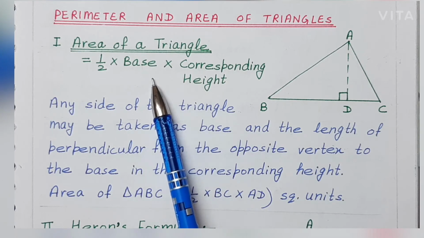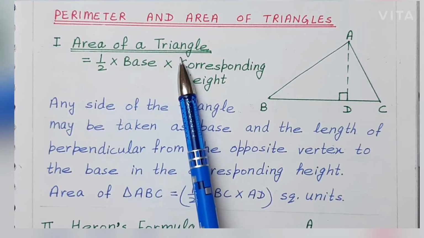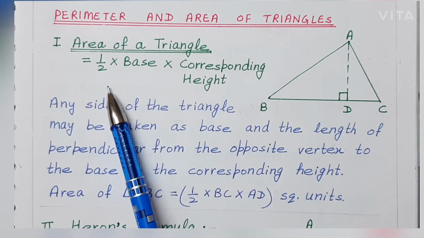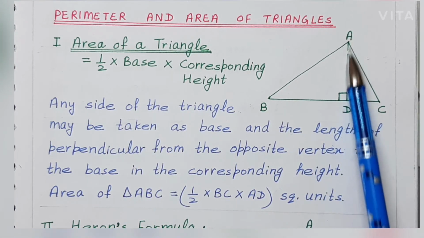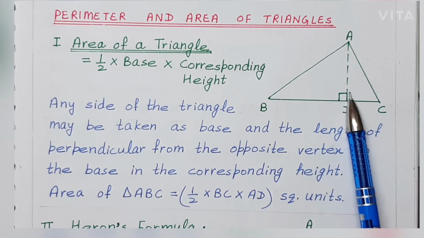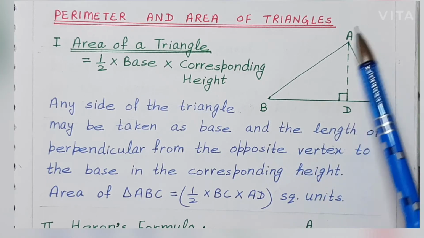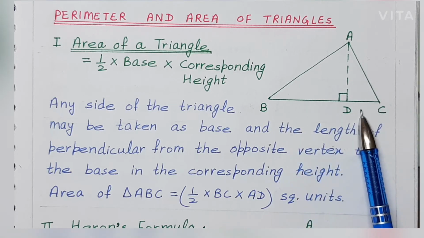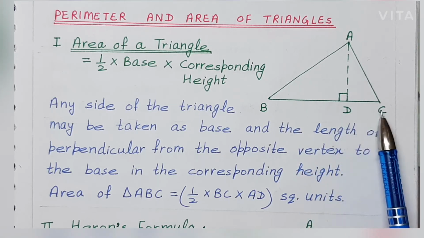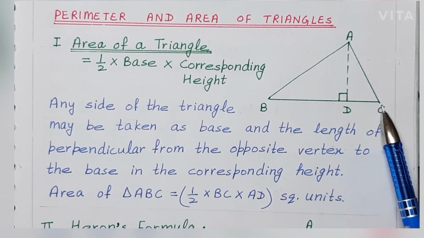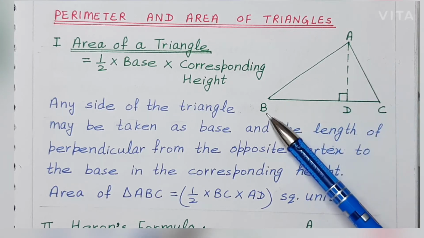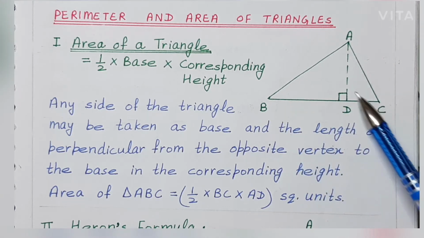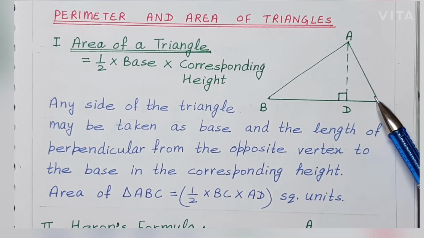Now let us discuss perimeter and area of triangles. The first method is area of triangle is equal to half into base into corresponding height. Students, any side of a triangle may be taken as base and the length of the perpendicular from its opposite vertex is the height.